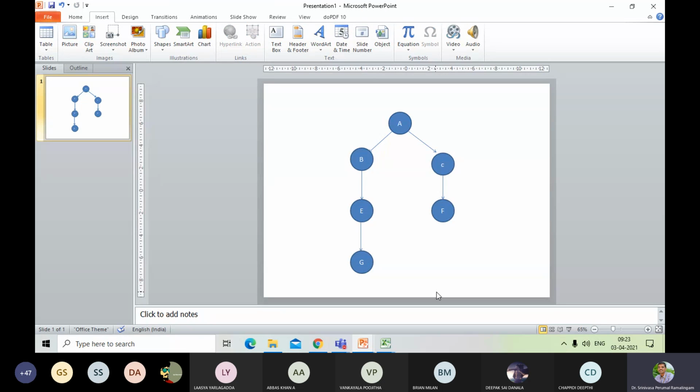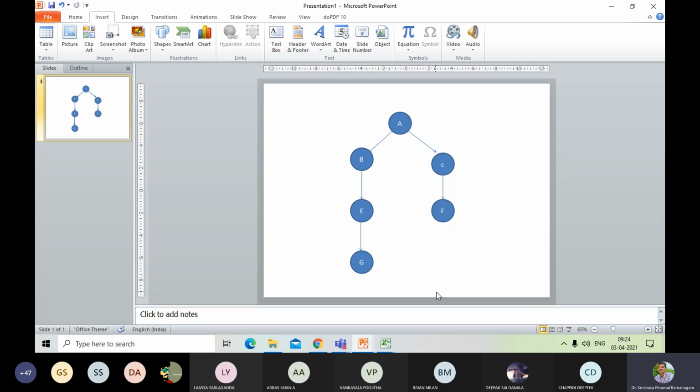So in this case, depth first search means A, B, next E, next G. Once the left hand side is completely over, then it goes to the right hand side, C and F. But breadth first search means first A, next B, then it will check any other in the same level, yes, C. Then it goes to the next level, E, F, and finally G. This is the way we generally search.